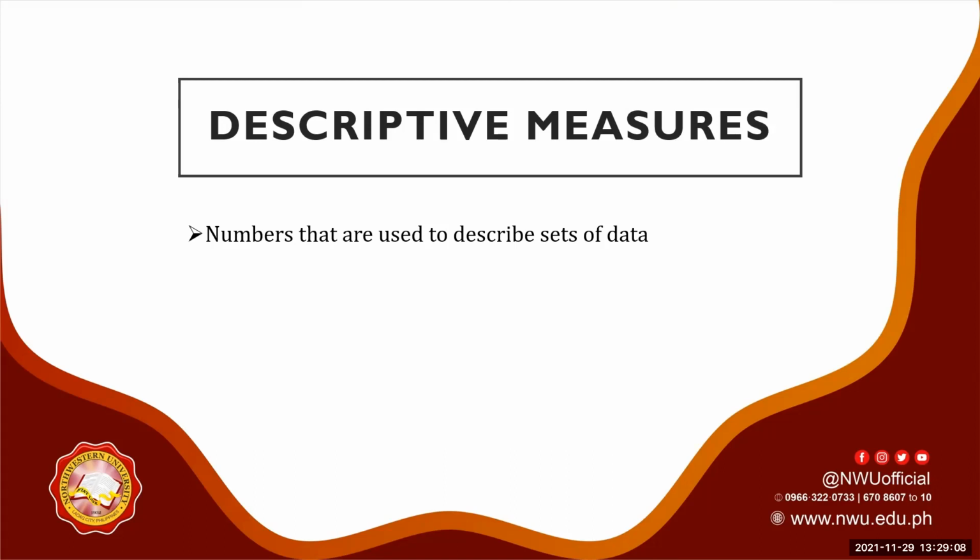So for example, the context of your data is students according to their gender. Of course, there are males and females, and you can describe them by counting how many males there are, how many females there are. And when you say there are 24 males and 21 females, by that example itself, you are already describing your data, which is the students according to their gender or sex.